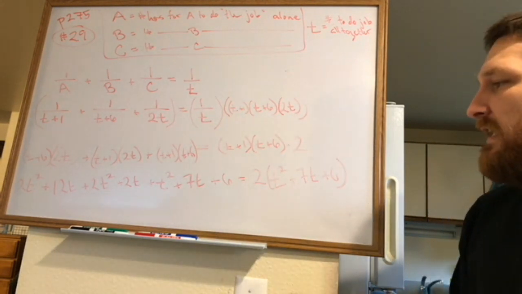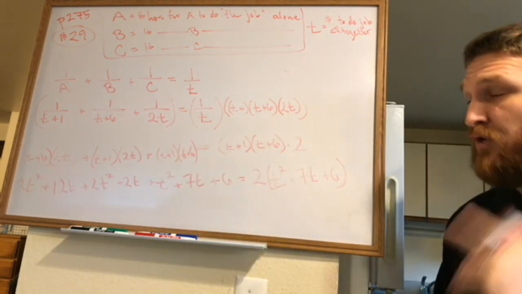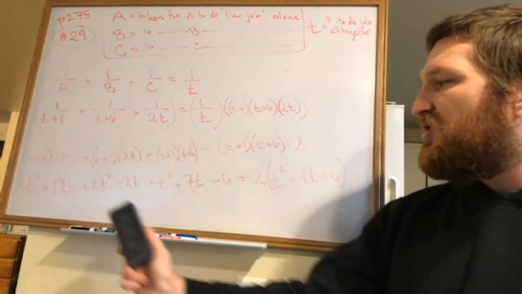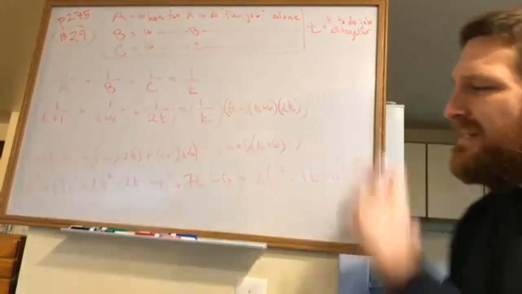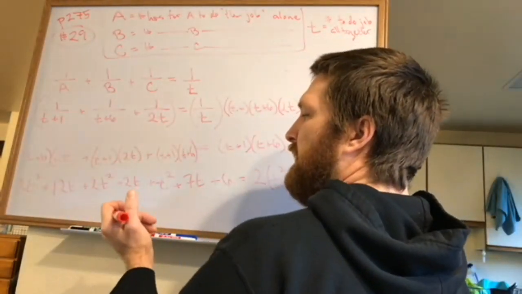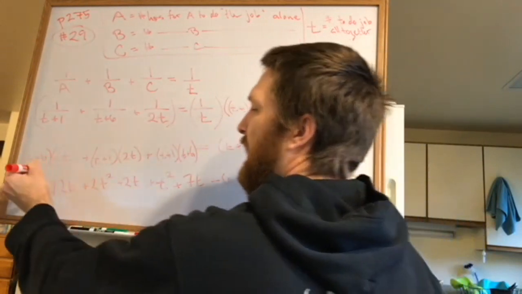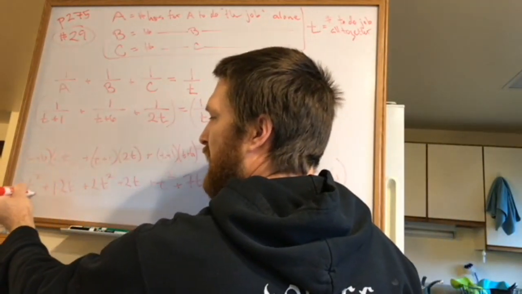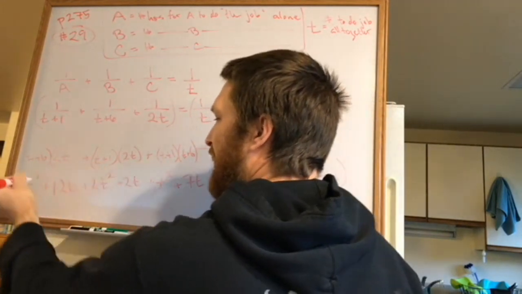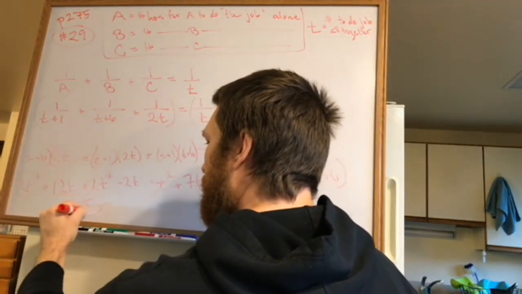How about we work on the left-hand side first, and let's collect all of the t squared terms first. How many t squared terms are there? 3. Okay, and what do they add up to give me? 2 plus 2 is 4 plus 1 is 5. Okay, so I have on the left-hand side 5t squared.